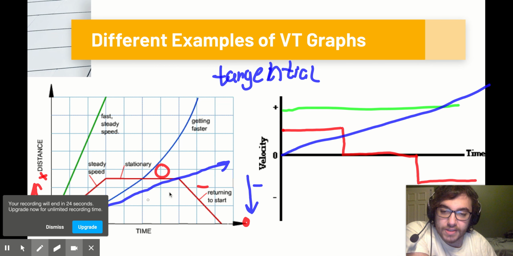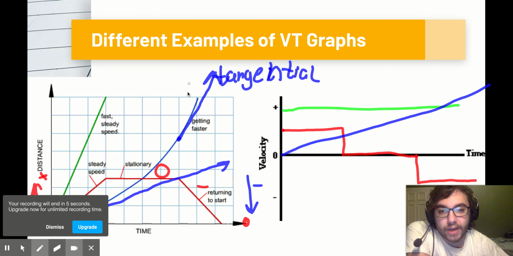It's a steady slope that's kind of slow, but if I were to take a line up here and draw a straight line, you'll notice that the slope is much greater. You see how much quicker that one rises? That's the basic premise of how we know this is getting faster. And that's what it will look like on a VT graph.